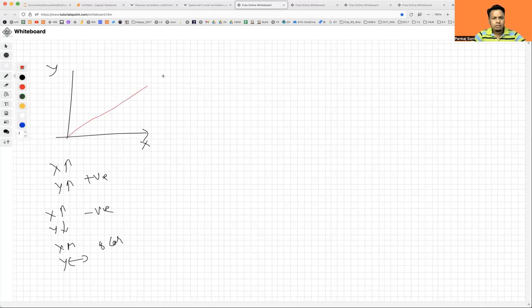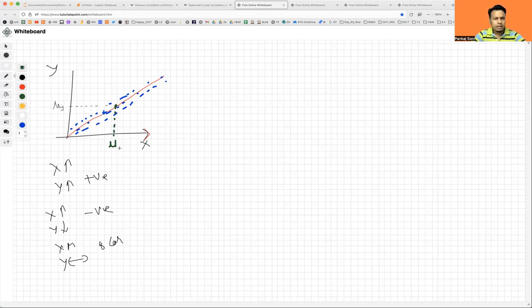Say you have axes, and your data is located near them. The mean of x, mu of x, is somewhere here, and the mean of y, mu of y, is somewhere here.